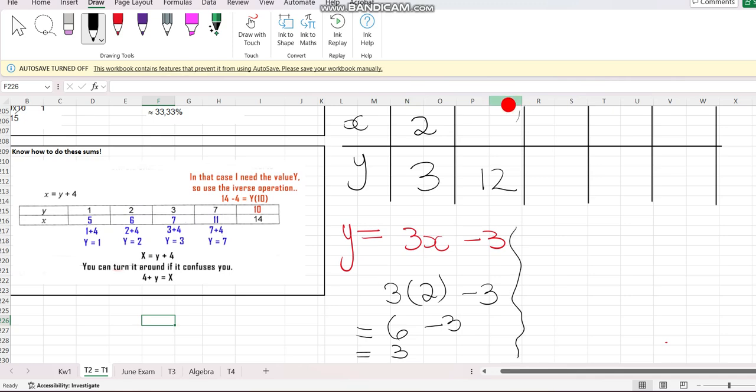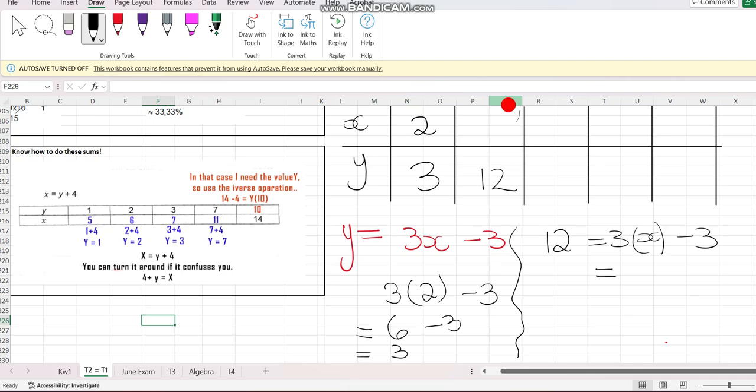Now when you have y, but you need x, this is still the same, right? But you're going to do it in reverse. So in order for you to get y, that's y, 12, it's already there. Okay, this is a little bit more complicated.